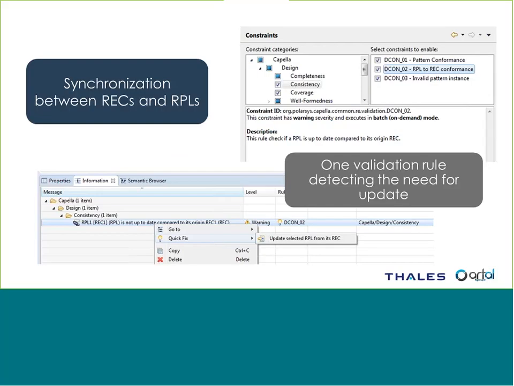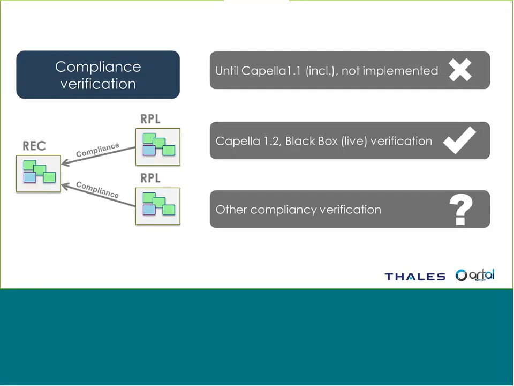I said previously that between record and replica we have a synchronization. So there is a validation rule in Capella detecting that a replica is no longer reflecting the content of its record. So we're going to illustrate that in the demo. And we also have compliance verification.